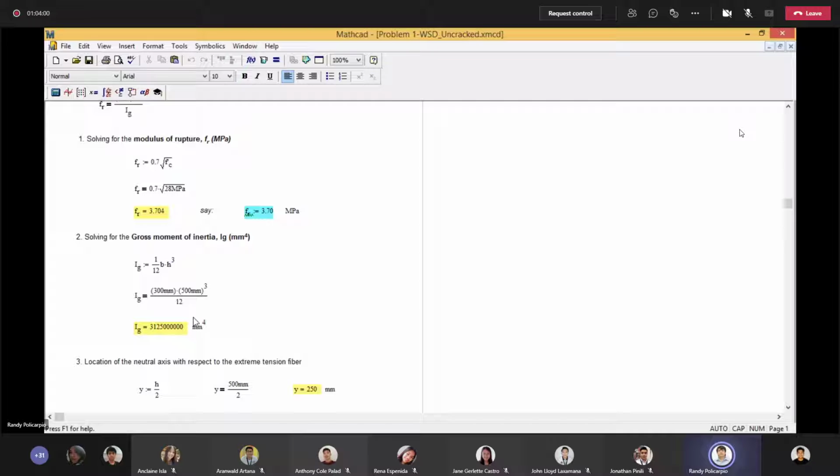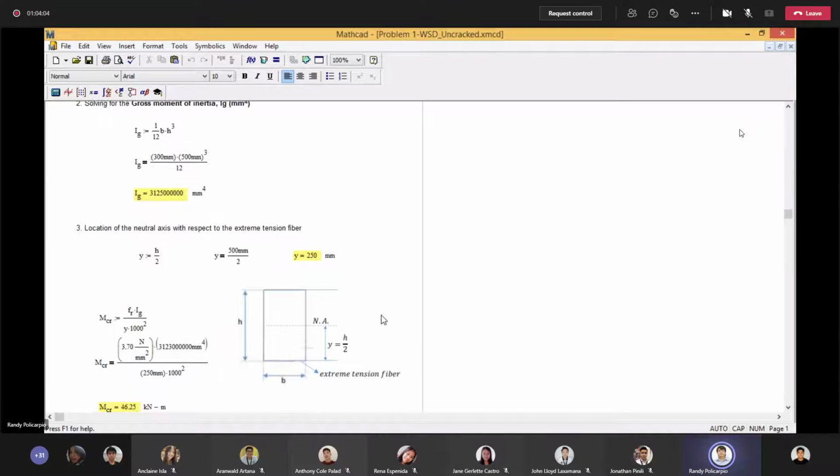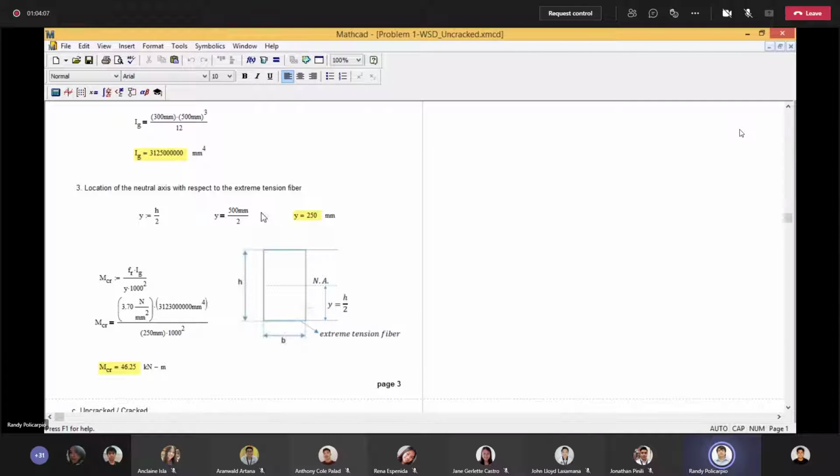So ito ngayon yung ating gross moment of inertia. And then for the determination of the location of the neutral axis with respect to the extreme tension fiber, which is your y.